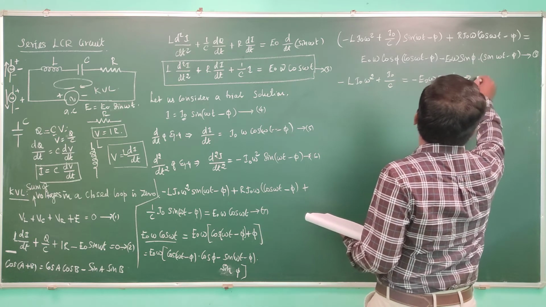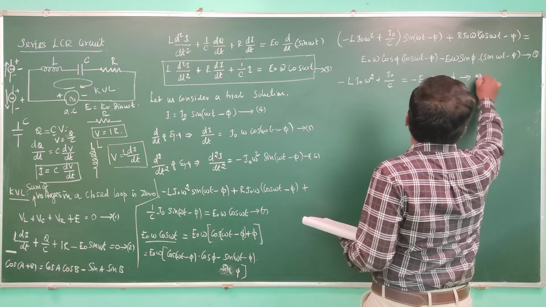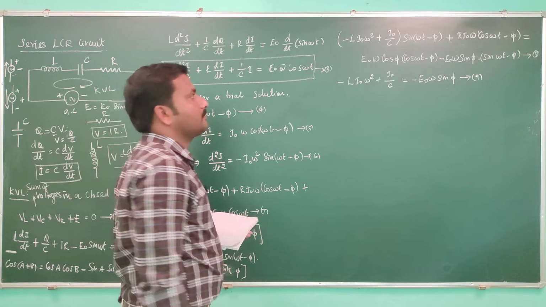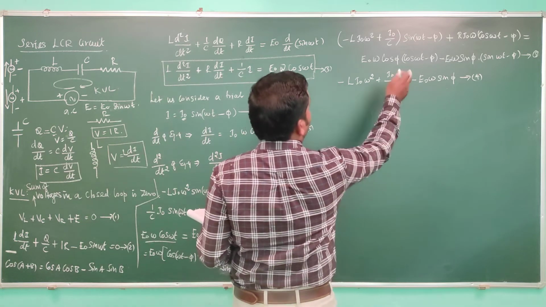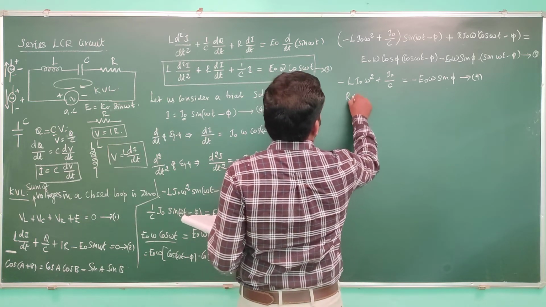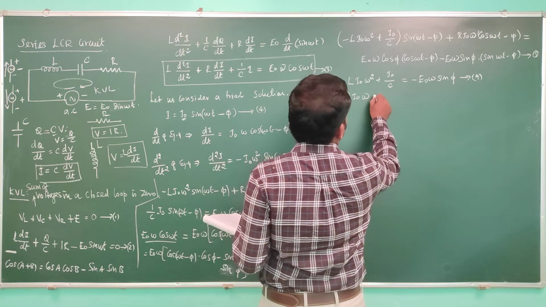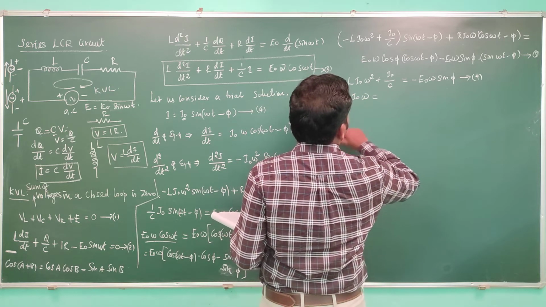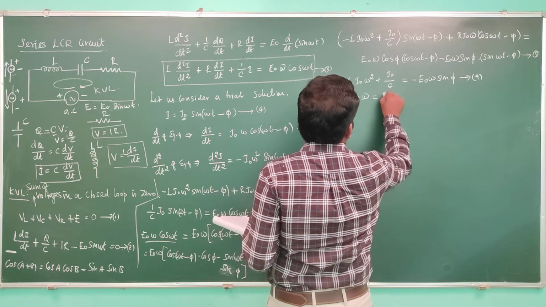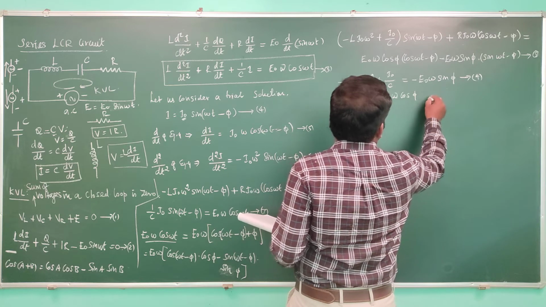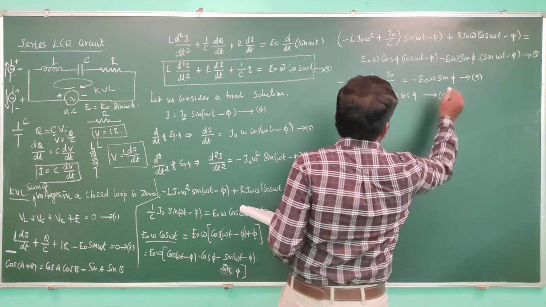This is equation number 9. The coefficient of cos(omega t minus phi): r I naught omega is equal to E naught omega cos phi. This is equation 10.